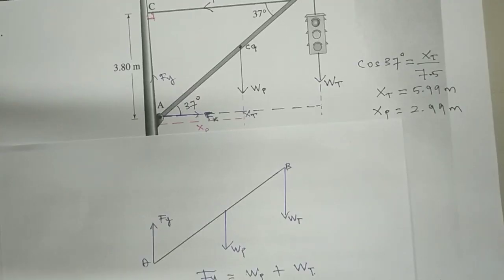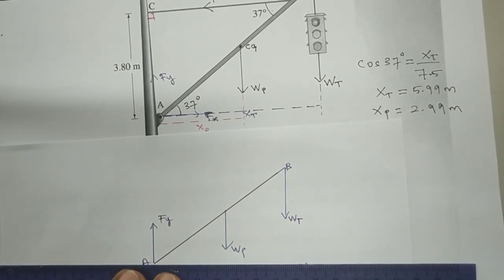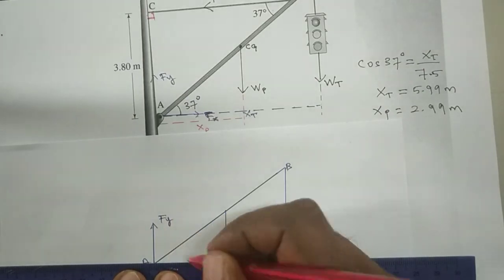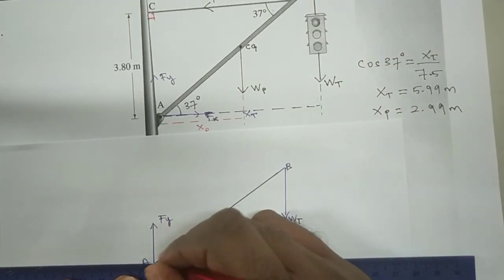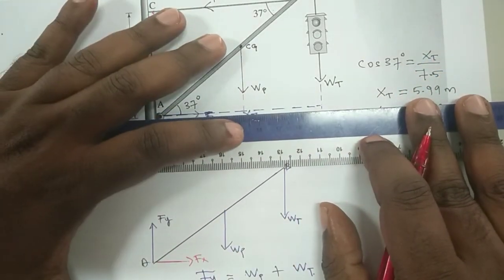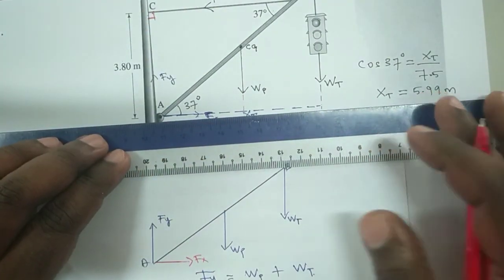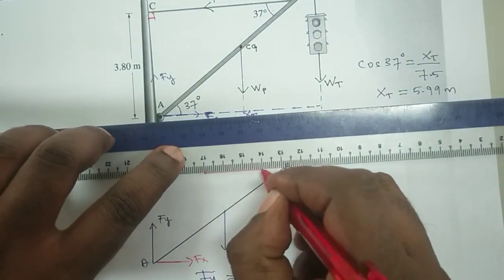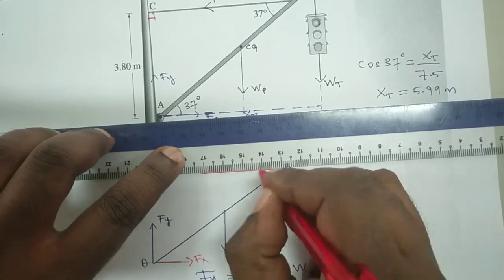For the horizontal component, the Fx is equal to the tension of the cable.